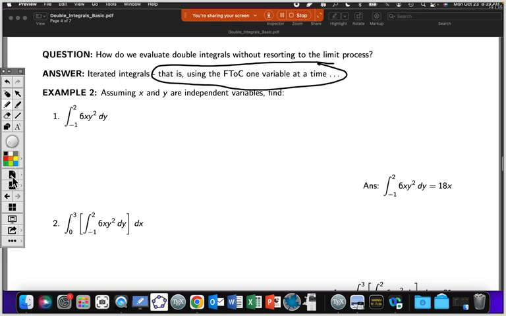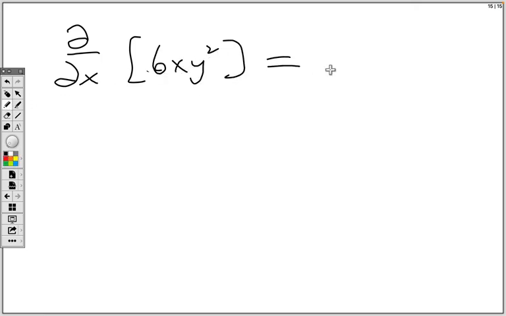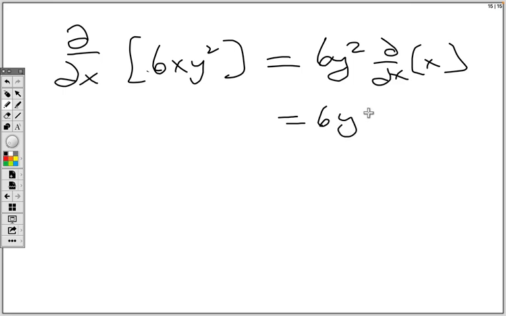So back in the last chapter, we would have partial derivatives. And when we took a partial derivative with respect to x, we treated y as a constant. So we could factor the 6 and the y out. We just get 6y squared. Well, now we can do the same thing. We can do partial integrals.